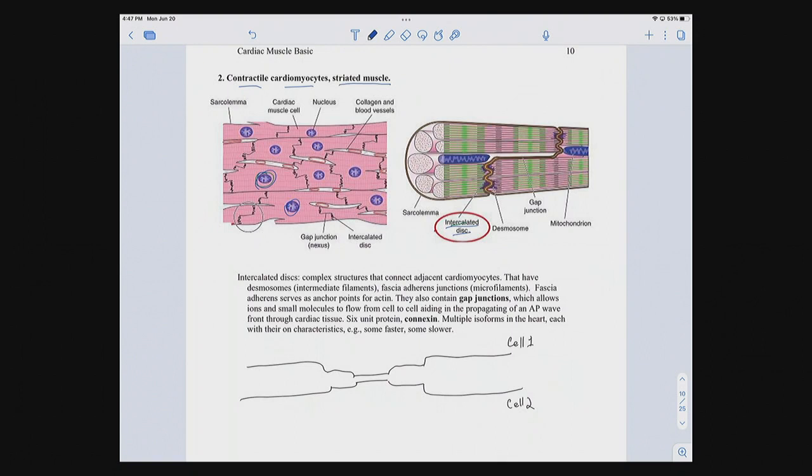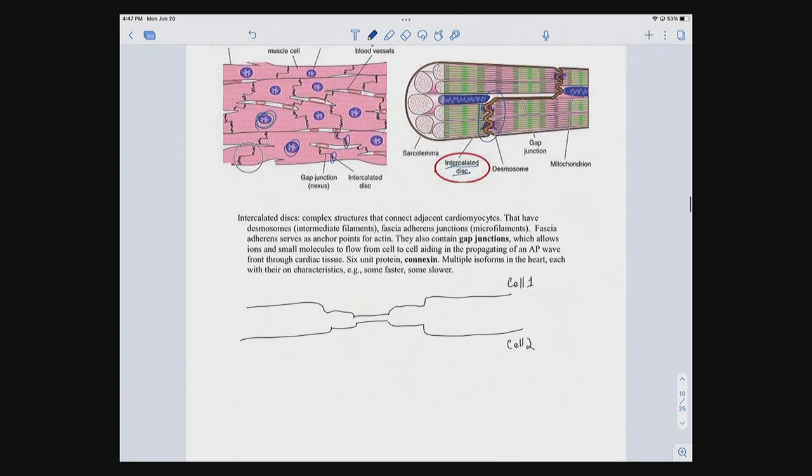And so you see the little intercalated discs here, and here's just a zoom. So there's your intercalated disc there, and it's just a way for one cardiac muscle cell to interface with the other. So let's take another look at the intercalated disc and see what is making them up.